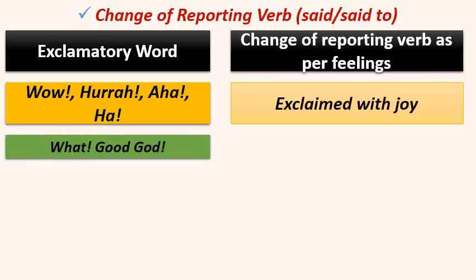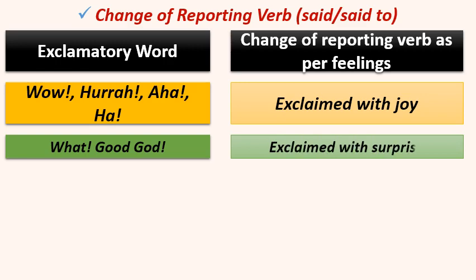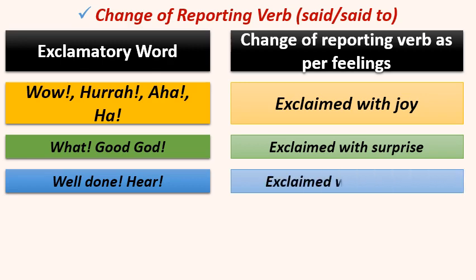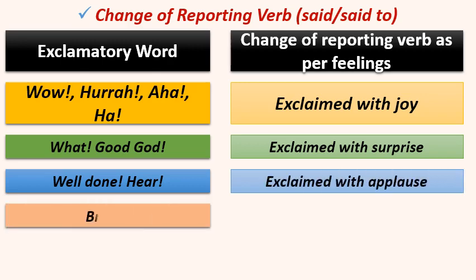If the words in reported speech are what, good God, then said or said to gets converted into exclaimed with surprise. If the words in reported speech are well done, here, then said or said to gets converted into claimed with applause.